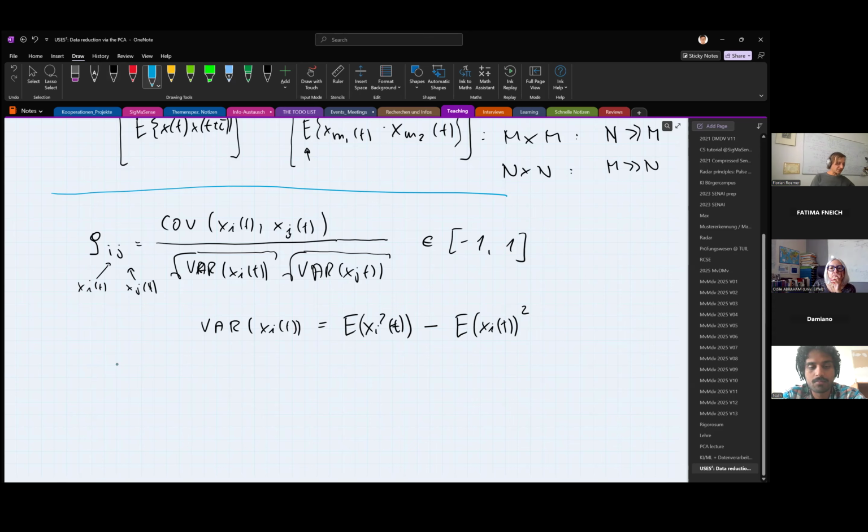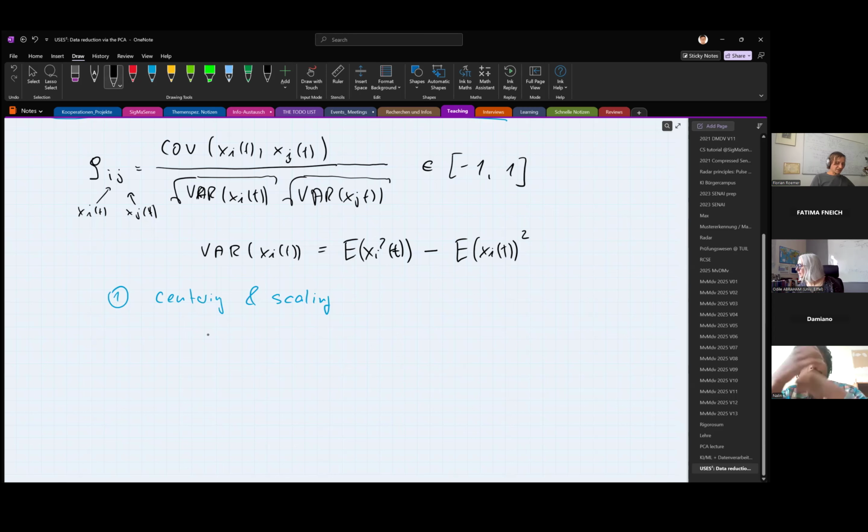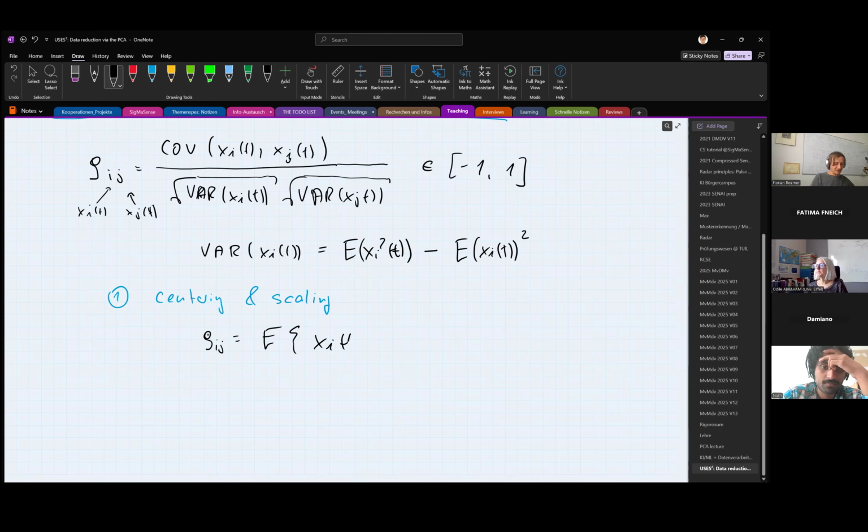So before you start, the first thing you do is centering and scaling. And once you center and scale your data, things become much easier, because then this rho ij is simply the expectation of xi of t times xj of t, which is also much easier to program.